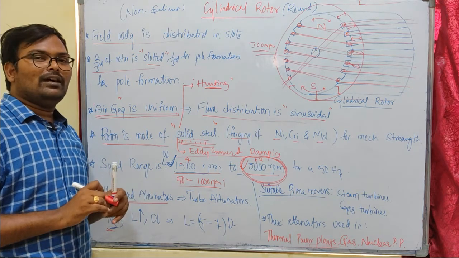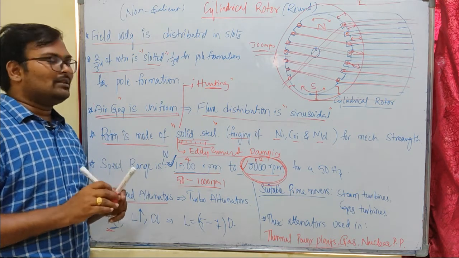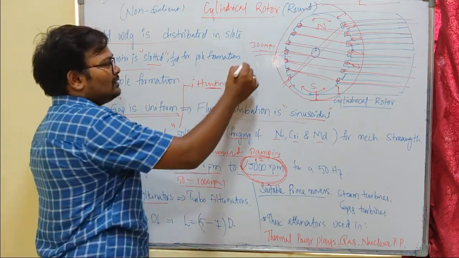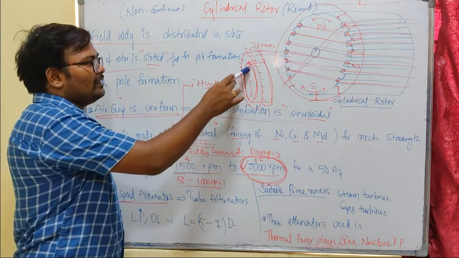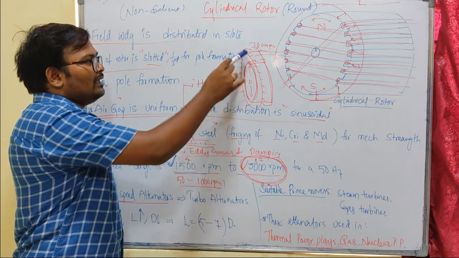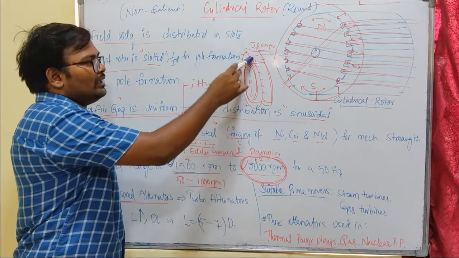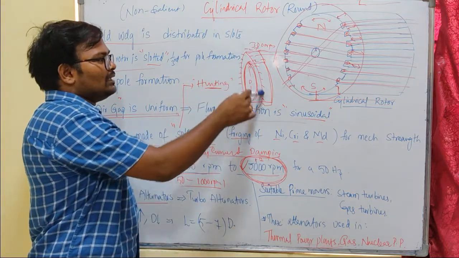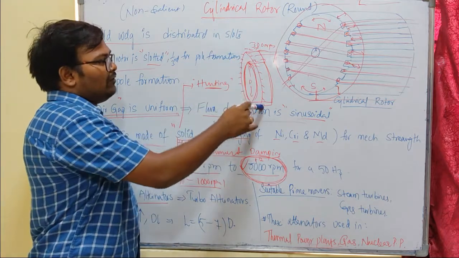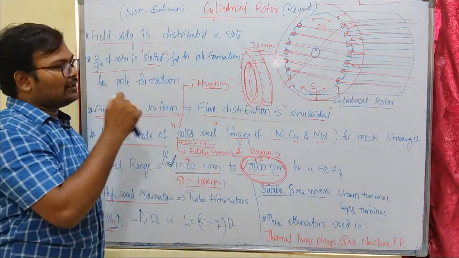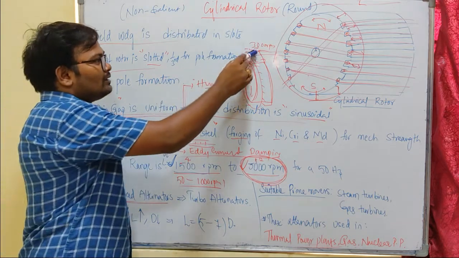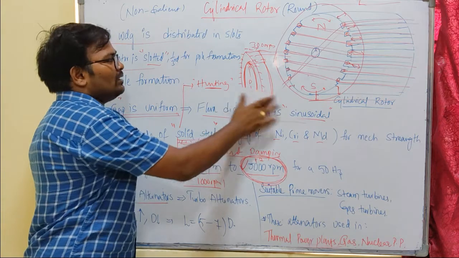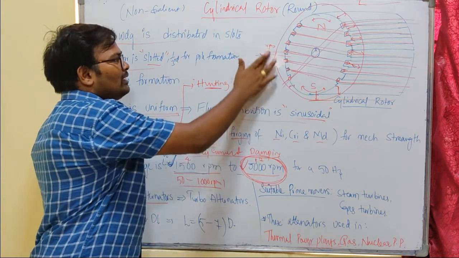That's why we don't need to bother about centrifugal forces, because the speeds are low. So for a salient pole you will have more diameter and less length. When the diameter of the rotor increases, our stator diameter also increases, so that you have more space to accommodate slots on the stator. That's why the salient pole structure has more diameter and less length.